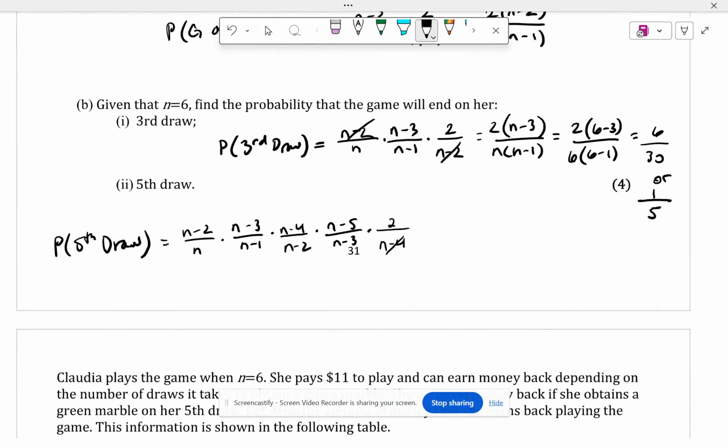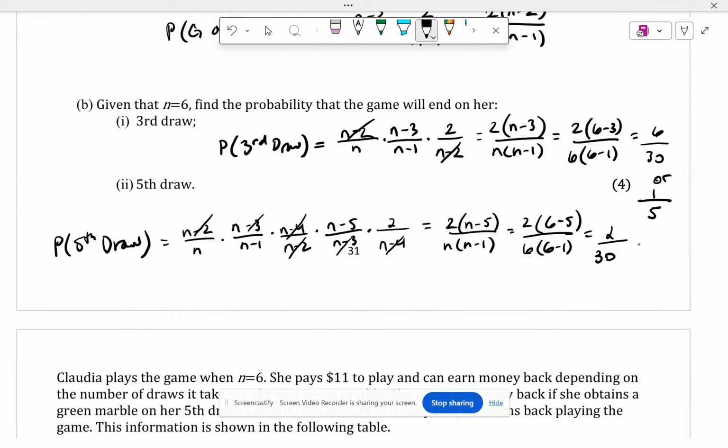These guys are going to cancel. These guys cancel. Nice. So I have 2 times n minus 5 over n times n minus 1. 2 times 6 minus 5 over 6 times 6 minus 1. It's going to give me 30. 6 minus 5 is 1 times 2, so I get 1/15 or 2 out of 30.